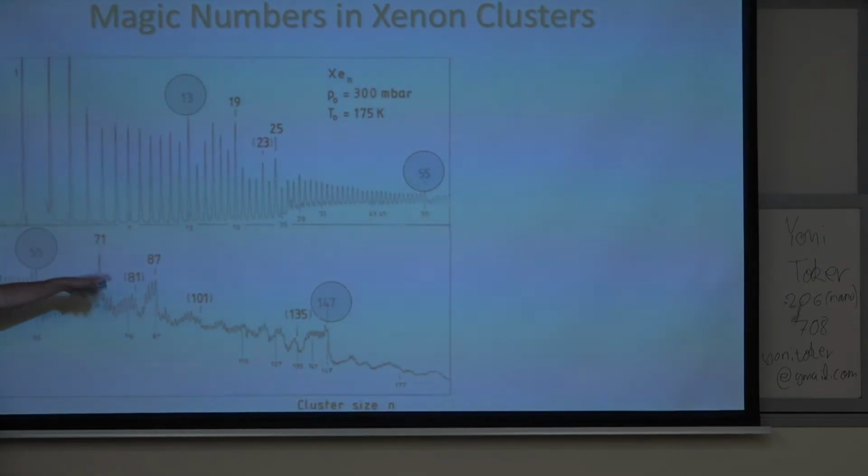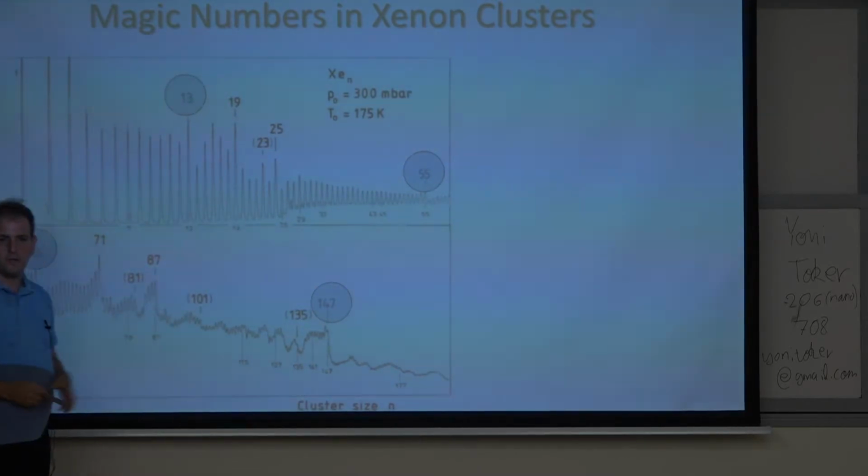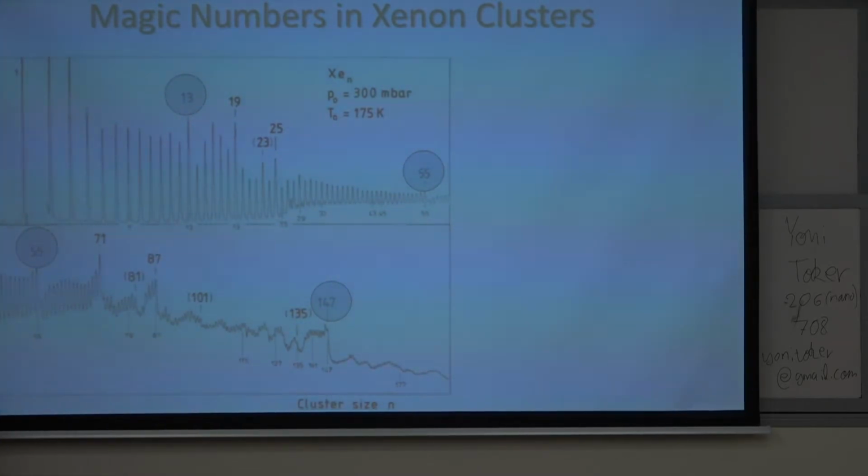13, 55, 147. The other magic numbers are a little harder to explain, but for example, if you take 2 icosahedrons and merge them together, then you can get 71 and 87 and so on. These are called magic numbers that come from the geometry of the cluster.